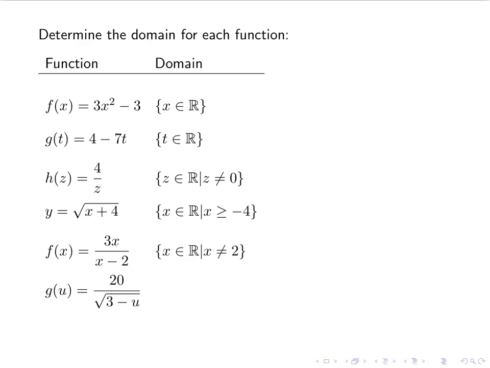And for our last one, g of u equals 20 divided by the square root of 3 minus u. So here we have a fraction and a square root. So my whole domain is going to be based off of what's inside my square root. That's also in my denominator.